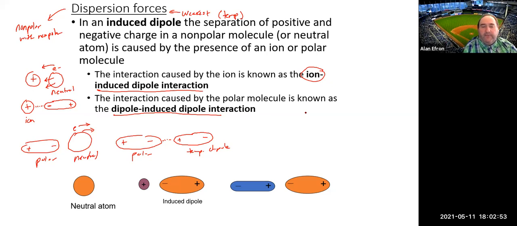So this is one way that we could get a dispersion force. We could induce it by putting something that's positively charged. But what happens in the case where we get two nonpolar molecules together? They don't really have a charge ever, normally speaking.